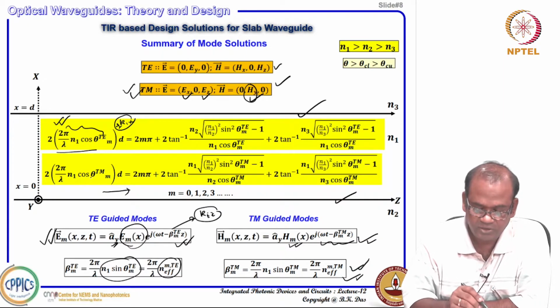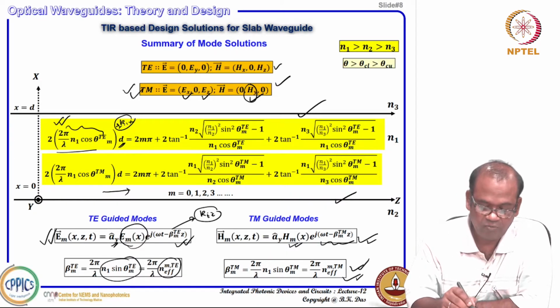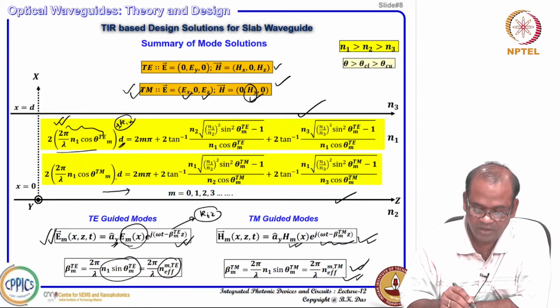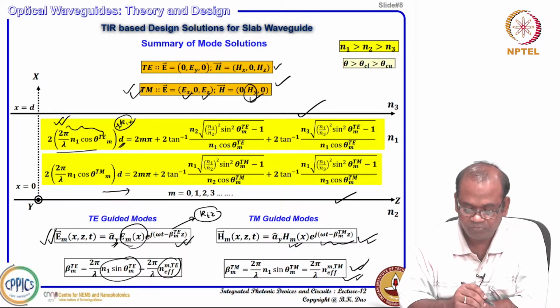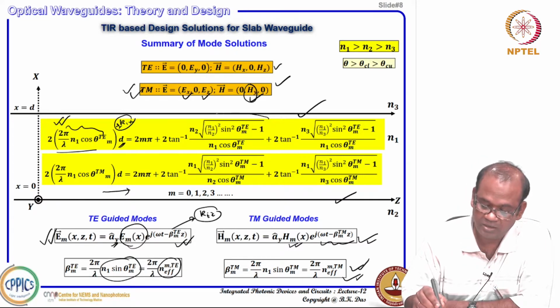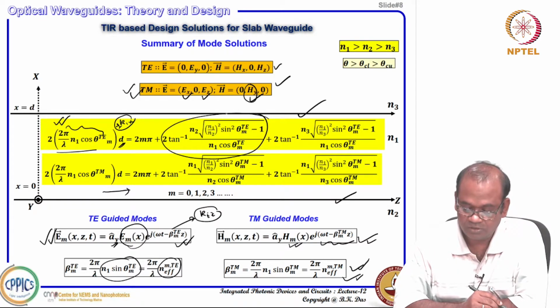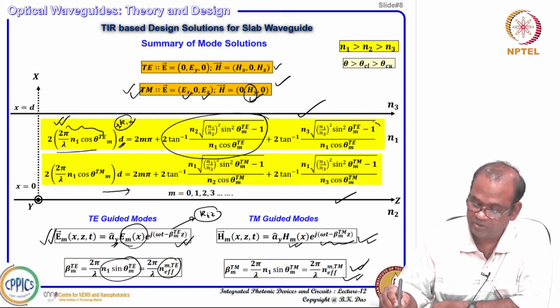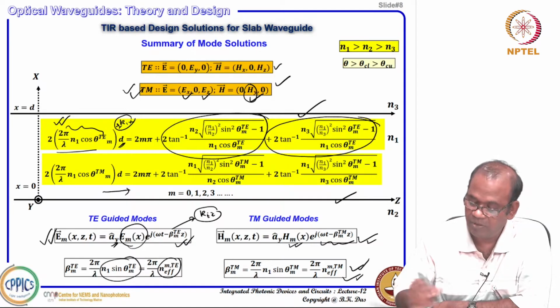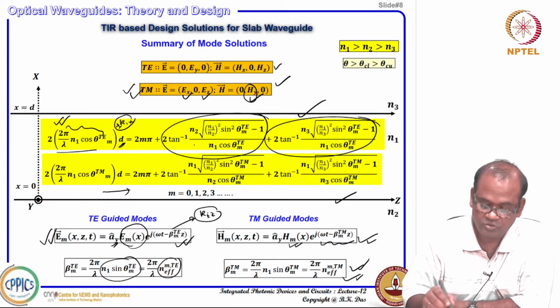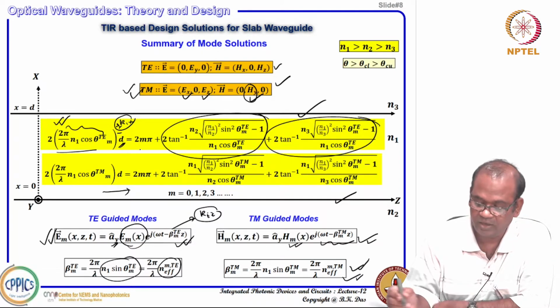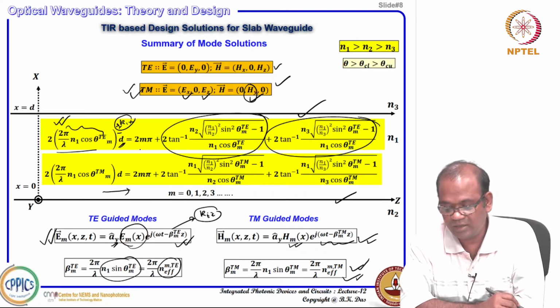So, the round trip phase is k1 x multiplied by 2 times d, that is the total phase, and you also have to add the phase change upon total internal reflection at the lower interface and the phase change corresponding to the upper interface, and these two should have a minus sign here, I have taken this side. So, this is one eigen solution.